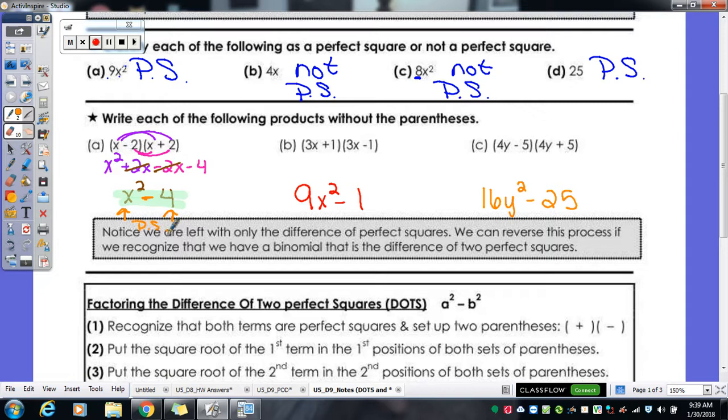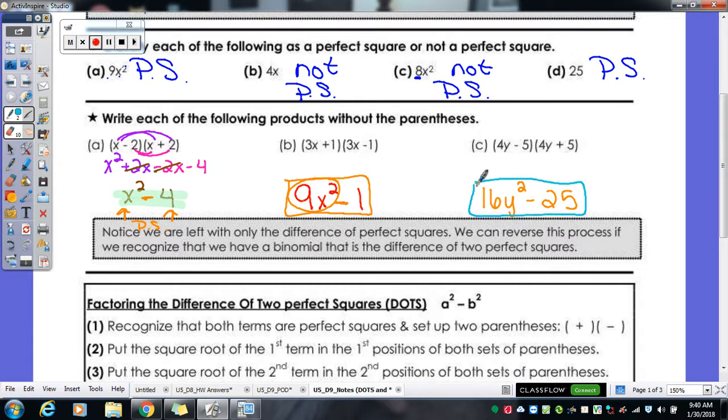So this is a difference of two perfect squares. The second one, is that also a difference of two perfect squares? Yeah, we got a subtraction. This is a perfect square because 9's perfect. Even exponent is perfect. 1 is also a perfect square because it's simply 1 times 1. That's how we get our 1. And then our last one is also a difference of two perfect squares.